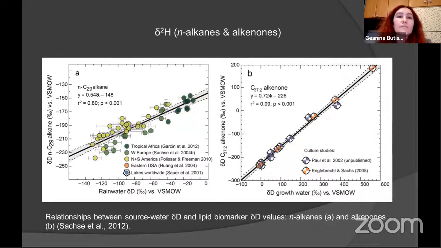Further, we also measured the hydrogen isotopic composition on both alkanes and alkenones in order to assess, of course, the changes in vegetation, and also to see the relationship between the organic components and the water source.